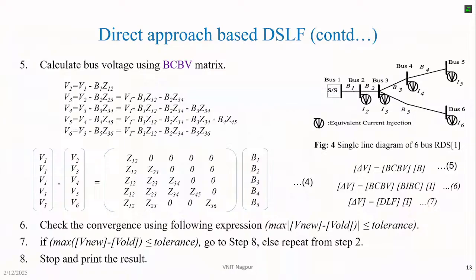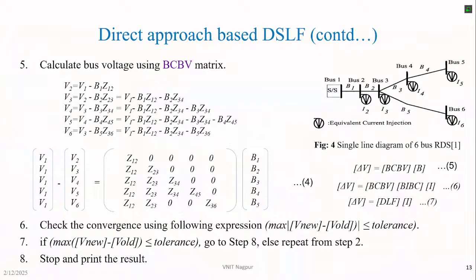V2 node voltage is known to us. How is it known to us? Because V1 always remains the same, it is supposed to be 1 per unit. So V1 minus whatever the branch current was there, B1 into Z12. Now if we consider it is an unbalanced system, the value of the Z12 matrix may change based on that.